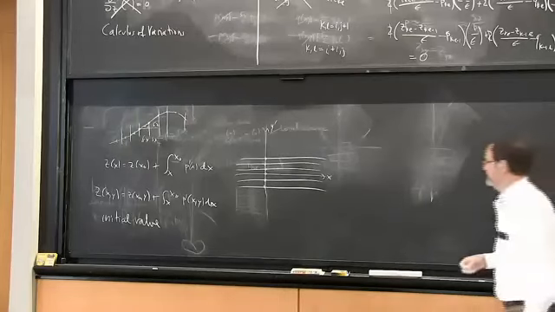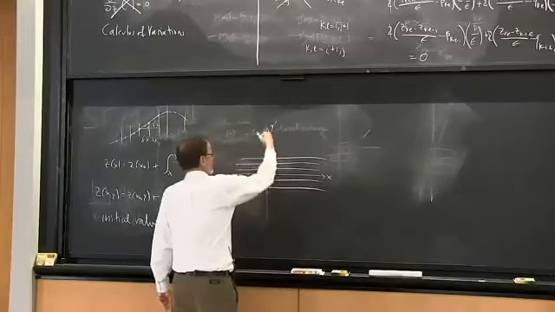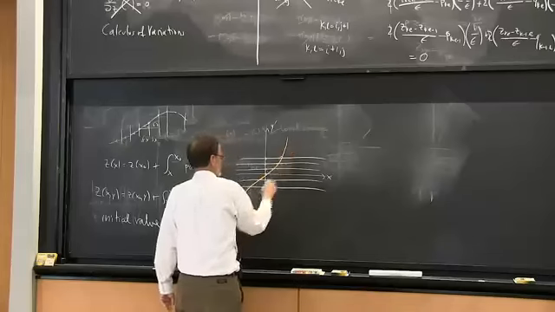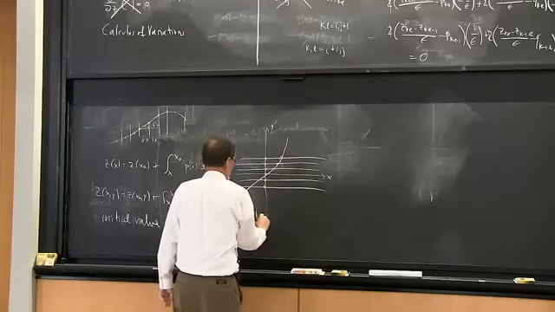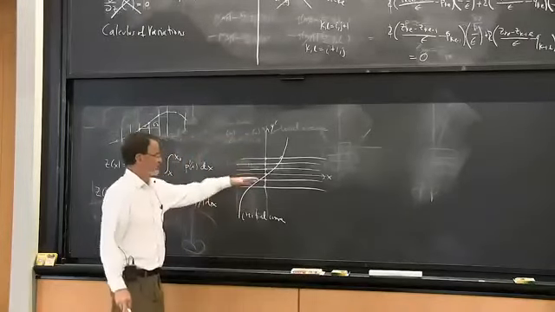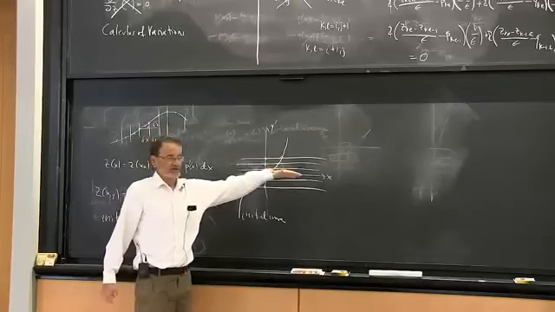So we don't need to have these initial points along the y-axis, though. We could have initial points along any curve. So what we actually need is an initial curve. It doesn't really matter what the curve is, as long as it's not parallel to the x prime axis.